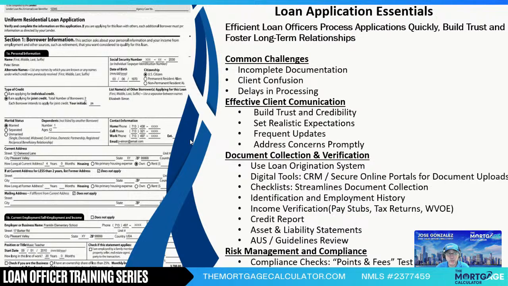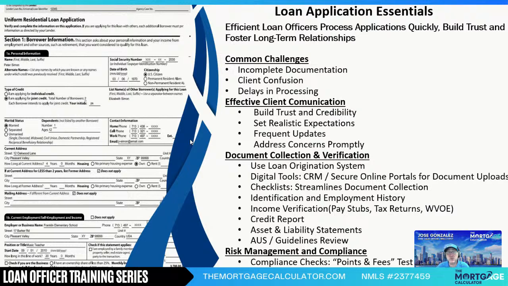You need to provide the customer frequent updates throughout the process, right? As the loan goes through the process, as documentation is reviewed, the scenario may change, right? The DTI may change. There may be issues with credit scores, a lot of things that may occur.